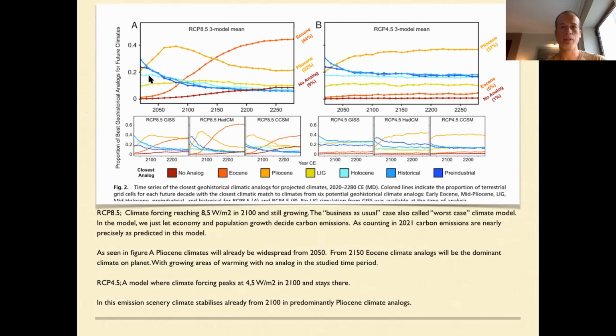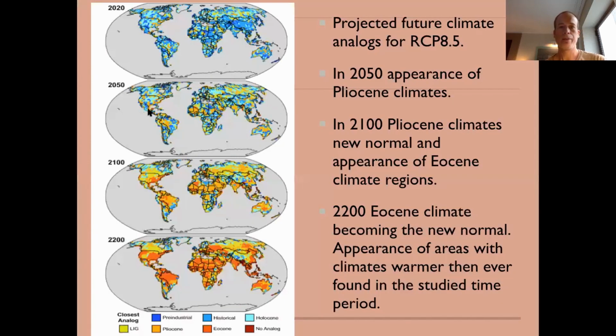We see that after 2050, as shown here, the Pliocene climates, which are shown as orange, get quite spread. And if we go 50 years more into the future, in 2100, Pliocene is dominating as a climate type, and Eocene climate type is starting to appear on our planet.